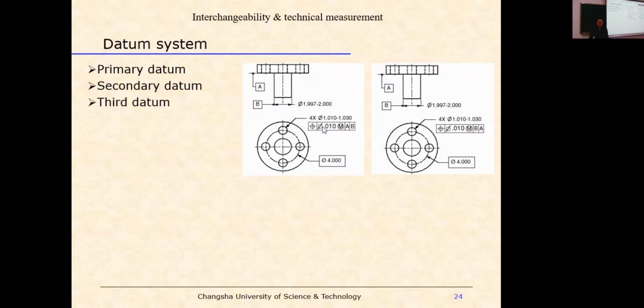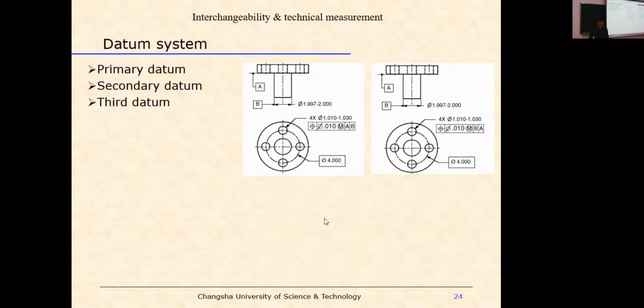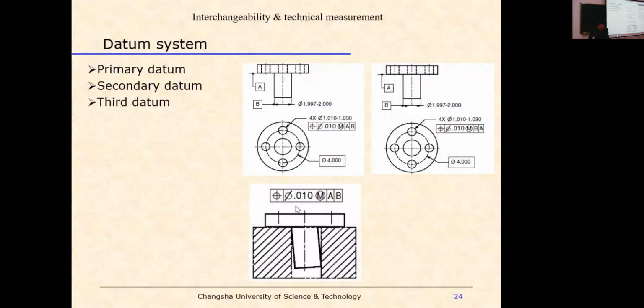Yeah. Now the error is the tolerance. The tolerance. Like this one and this one, the difference is that this one means A is the primary datum and B is the secondary datum. So B is the theoretical position.